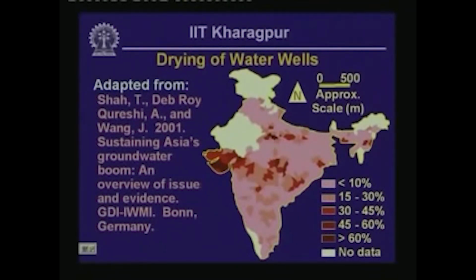The color coding is done in such a manner that deeper colors denote areas where a larger proportion of water wells have gone dry, and lighter colors are areas where only a smaller proportion of wells have gone dry over recent years.